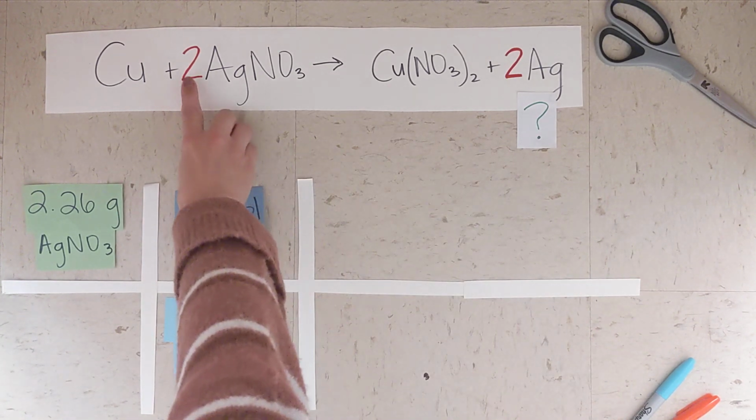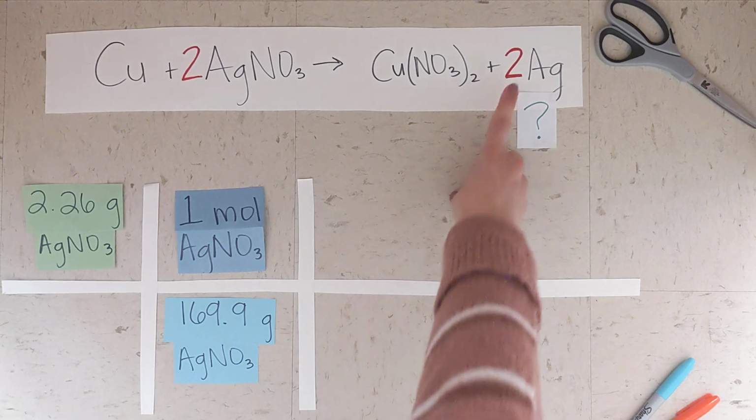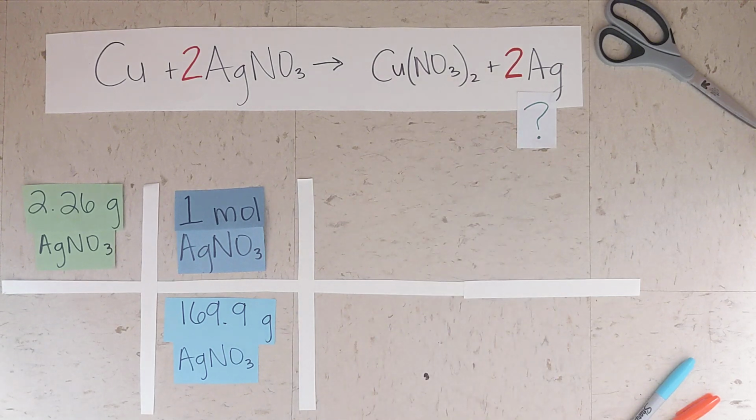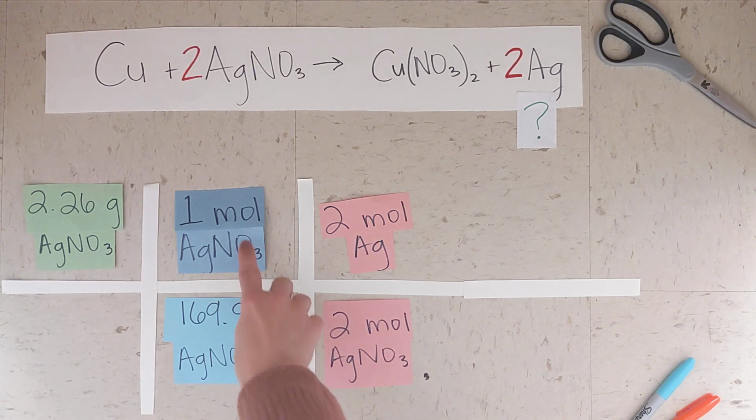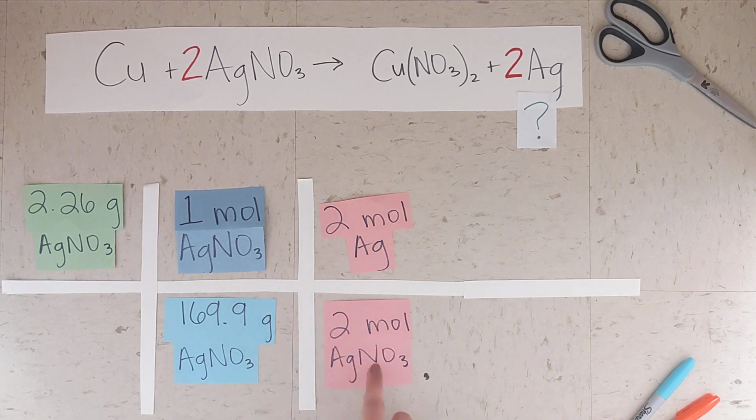And I see a 2 in front of AgNO3 and a 2 in front of Ag. So I know that my mole ratio is 2 moles of AgNO3 for every 2 moles of Ag. I put 2 moles AgNO3 on the bottom because I wanted to cancel out moles of AgNO3 that's on the top.